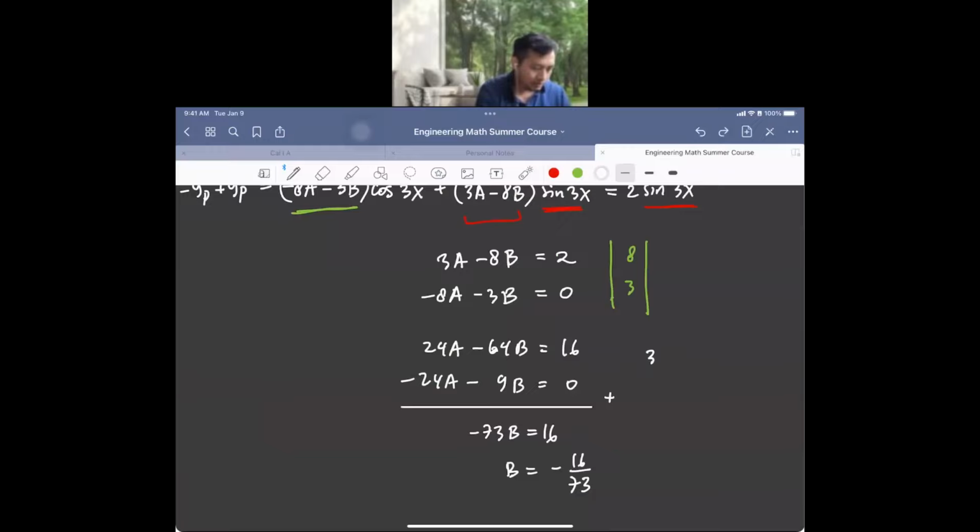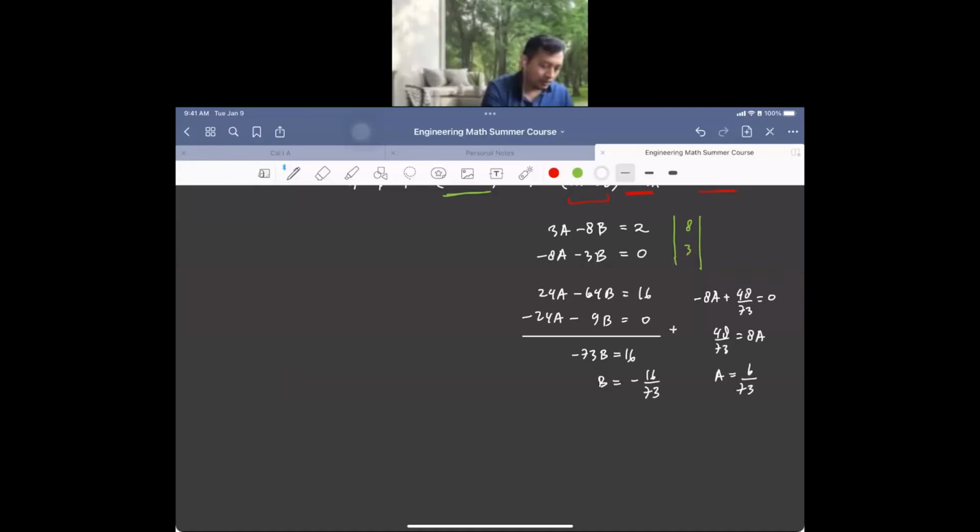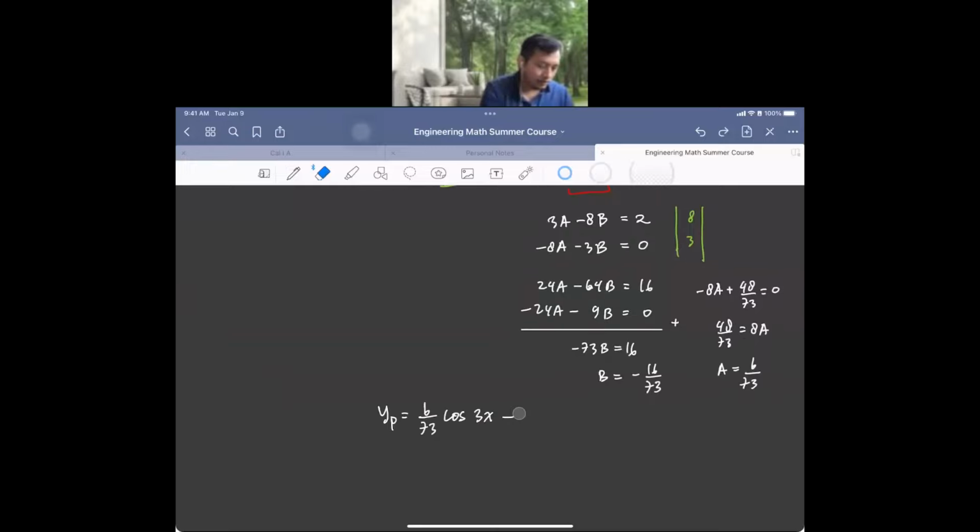Not really a good number, but let's just solve. Then 8a plus 3 times 16 over 73 equals 0, so 8a is 48 over 73, so a is 6 over 73. So yp is 6 over 73 cos 3x minus 16 over 73 sine 3x.